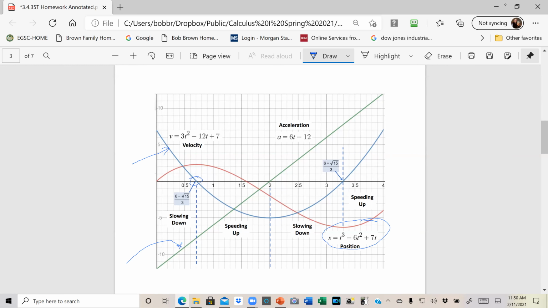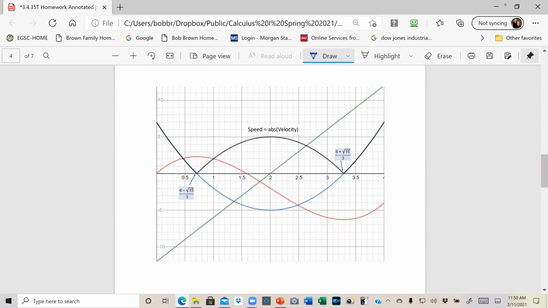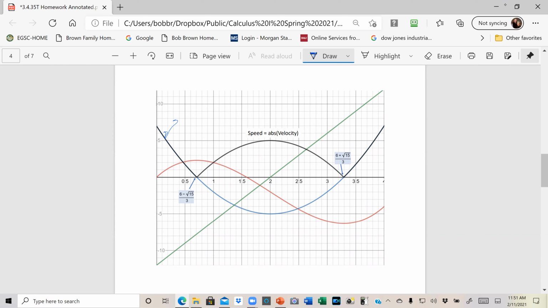Then I'm going to look at this same graph, except with the velocity. I'm going to take the absolute value of the velocity, and that will flip the negative part to positive. And so the dark black curve here is the speed, which is the absolute value of velocity.